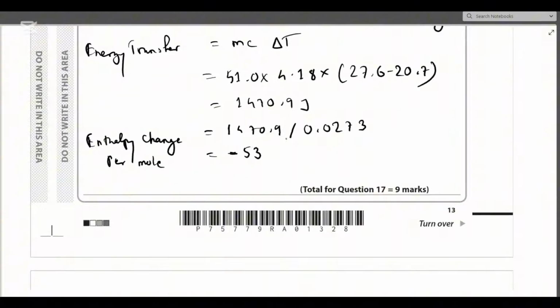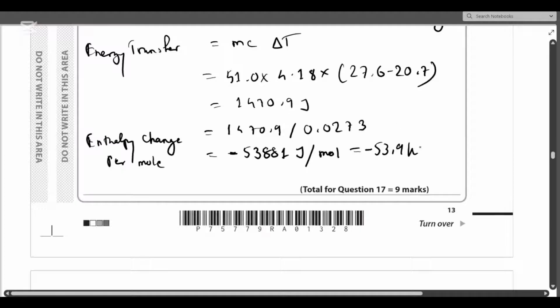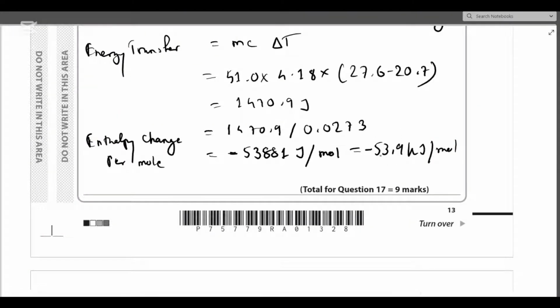So it's 53881 joule per mole. You can easily just divide it by 1000, giving you the answer in kilojoule, about negative 53.9 kilojoule per mole. Now that is also the correct sign, along with an appropriate significant figure, in this case 3, is provided.